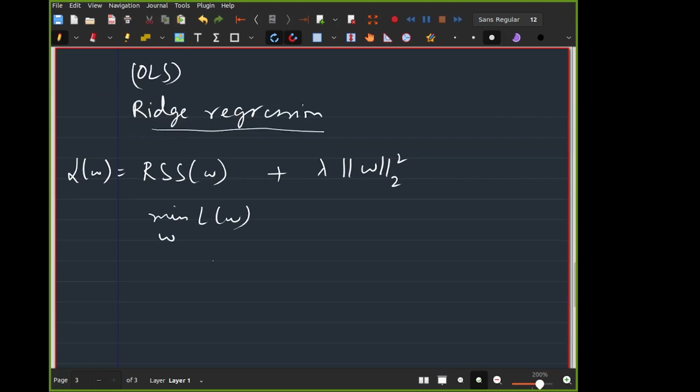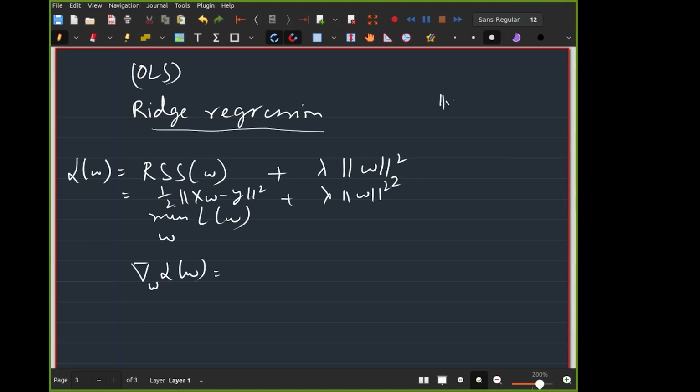Again, you can find the gradient of this quantity L of W with respect to W. And if you think about it, this RSS of W was basically half of the norm of X times W minus Y whole square. Plus then we have lambda times norm of W whole squared.